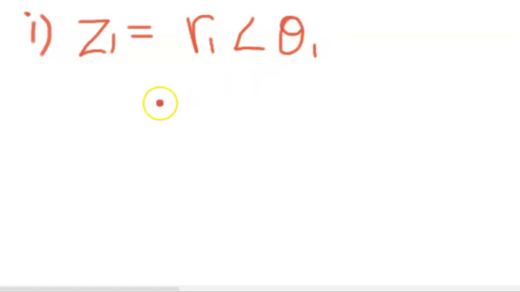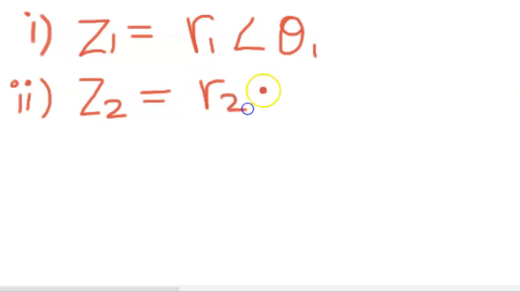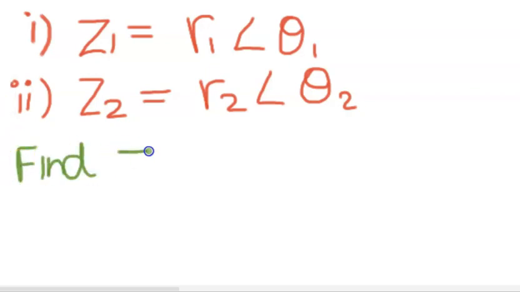Now my z2, which is another complex number, is given by r2 angle theta 2. The question is, find z1 dot z2. The dot in the middle means multiply. Even if it's not a dot, it's multiply.